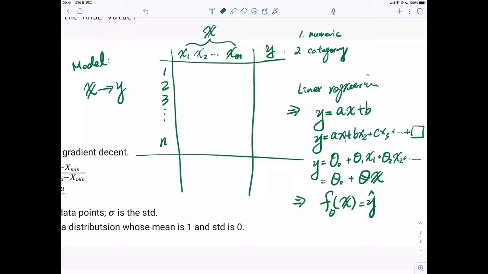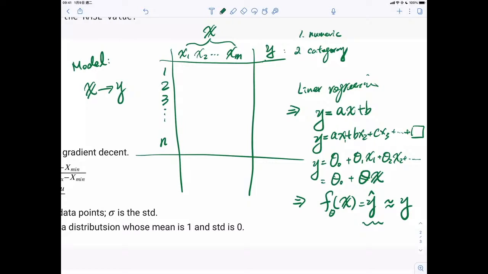You can use big X to estimate the value of y, and the value we get right here is y hat. Sometimes the model is not accurate enough. We wish y hat is close to y, to the actual value, but sometimes they're not close.